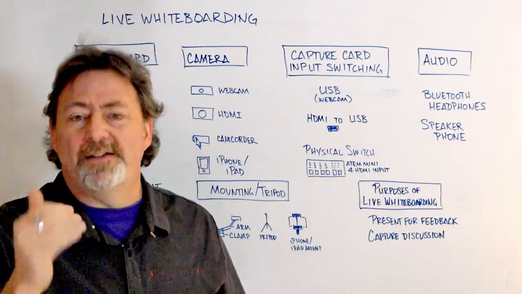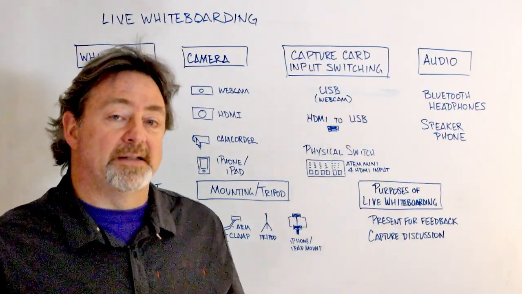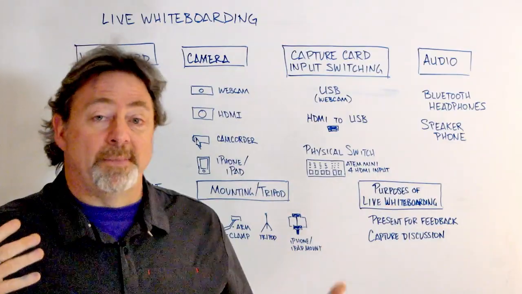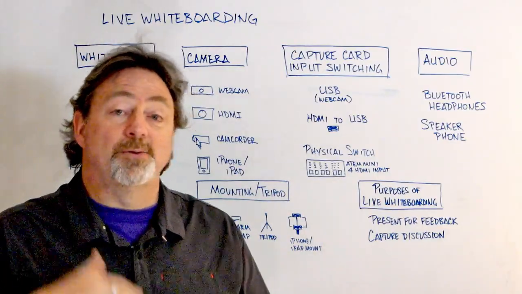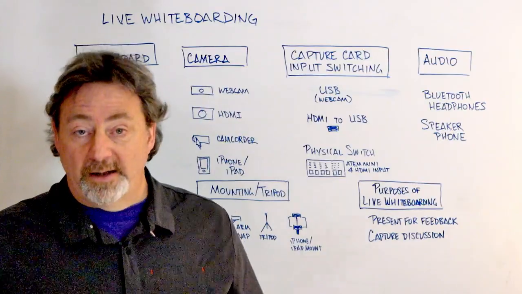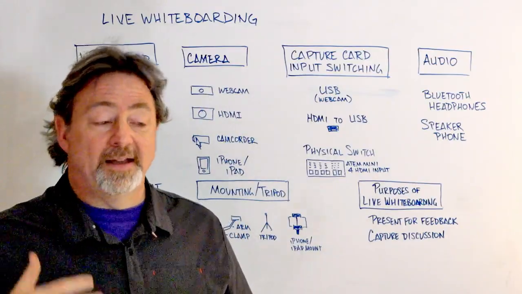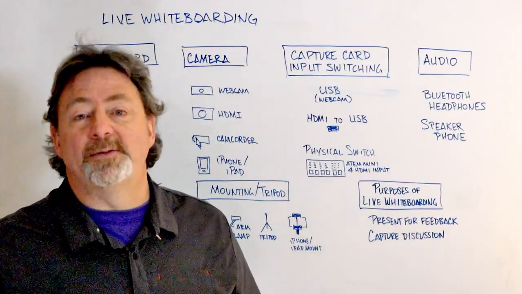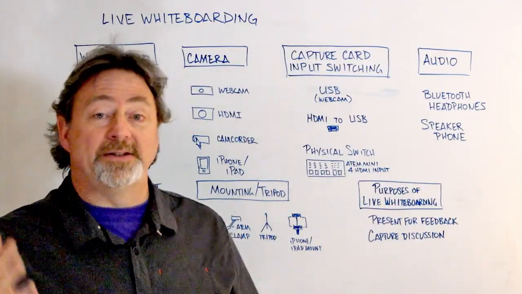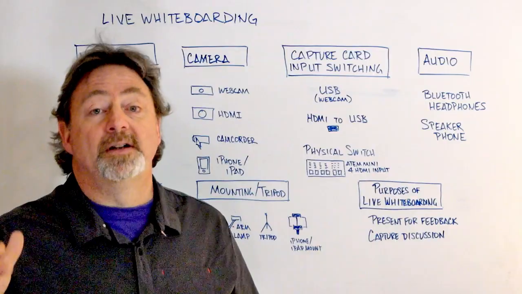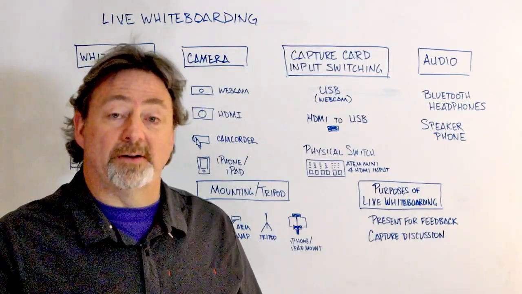Now, one of the things I found, this was early on, things have gotten better, but I found my different video conferencing solutions would crash when I tried to switch between them in the middle of a call. And the stability was a little off. Now that's changed quite a bit, so I'm not excusing that, but what it led me to do is explore Open Broadcast Software, or OBS.